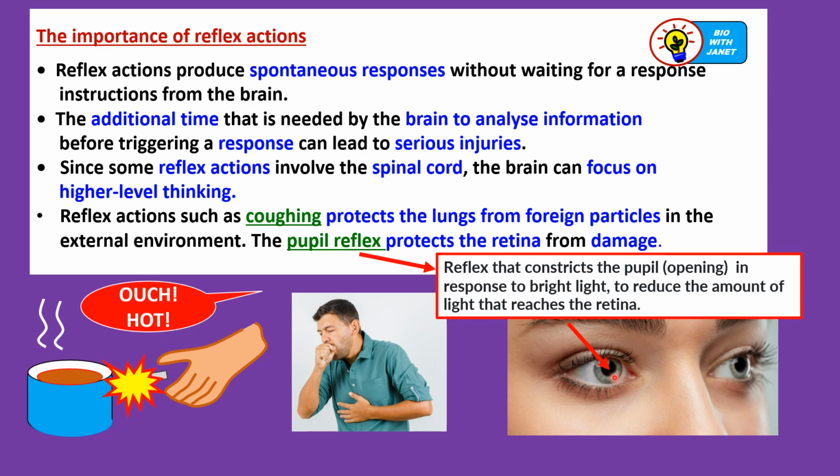This prevents the retina from being damaged by UV rays and the rays of light. So if the light is too bright, the pupil will constrict, and this has a protective effect on the person.